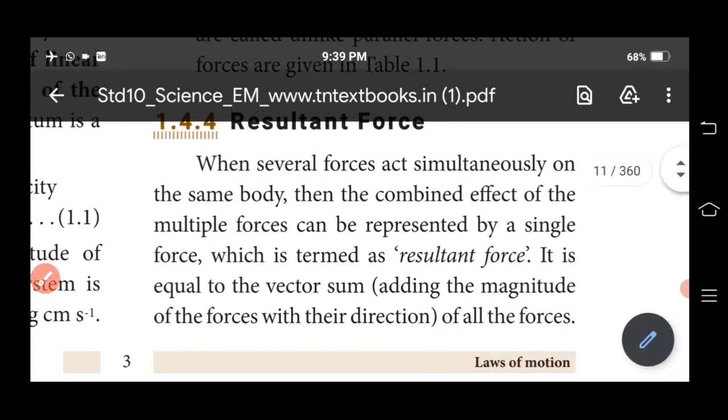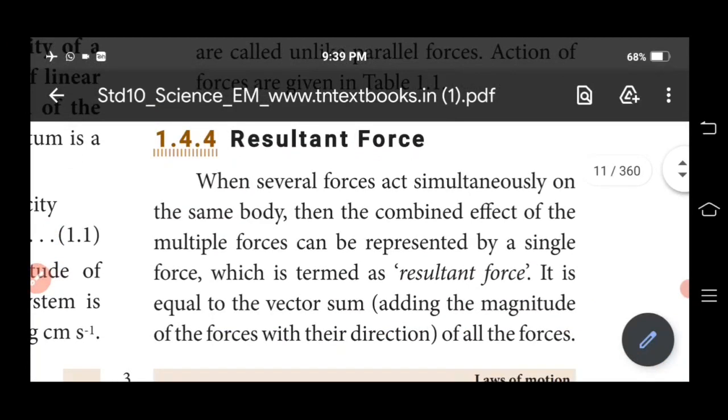This is known as resultant force. So what is meant by resultant force? When several forces act at the same time on the same body, the combined effect of the multiple forces can be represented as a single force, which is termed as resultant force.